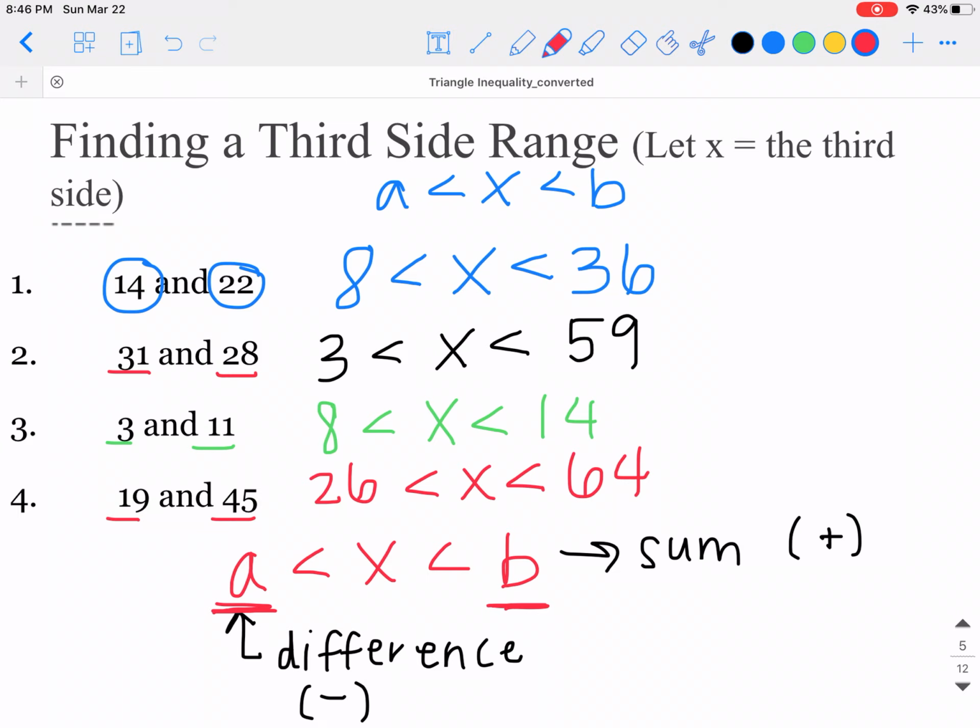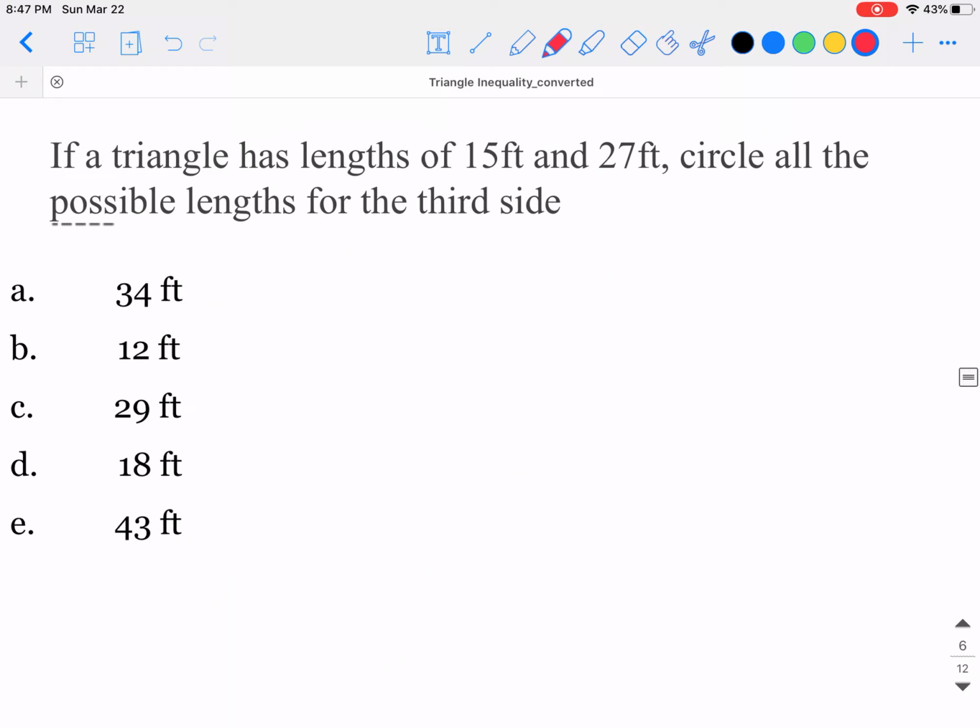And we can use this inequality to complete this next example. If a triangle has lengths of 15 feet and 27 feet, circle all the possible lengths for the third side. So we're given two sides of our triangle. In order to figure out which of these lengths work, we're going to have to figure out the range again.